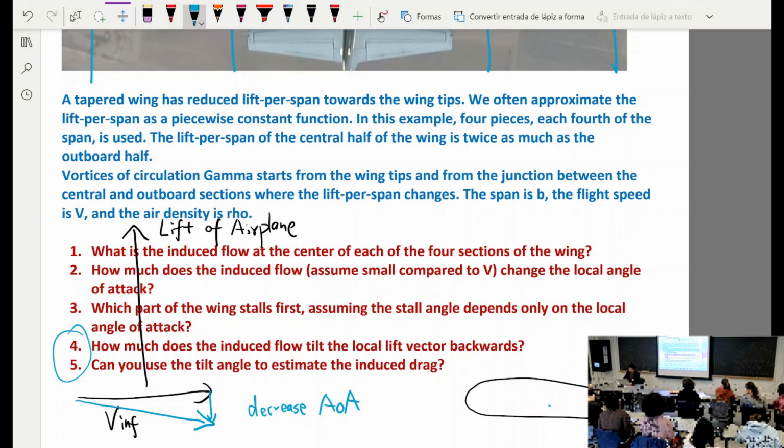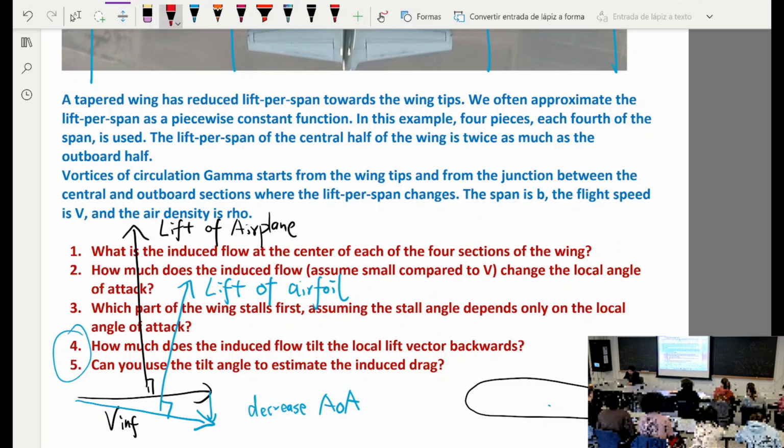However, the lift defined on that cross-section is orthogonal to the tilted free stream seen by that cross-section. So both are orthogonal, but orthogonal to different vectors. If I have a larger induced flow downward, it tilts the cross-sectional free stream downward more, thereby tilting the lift of that airfoil backward more.